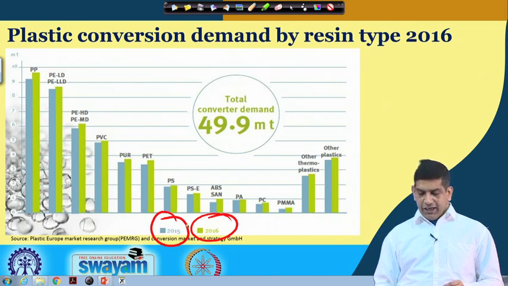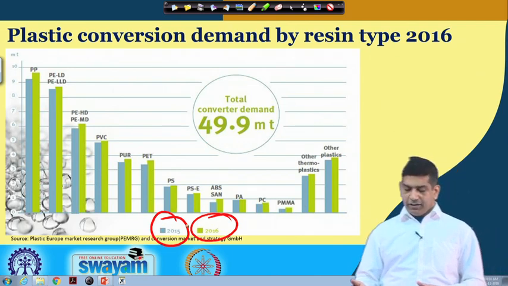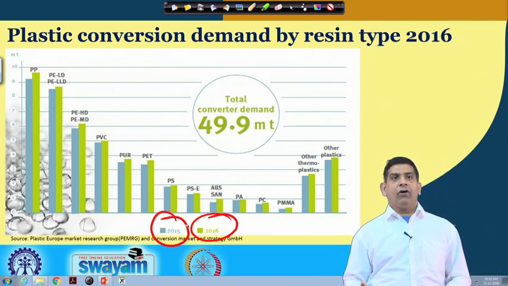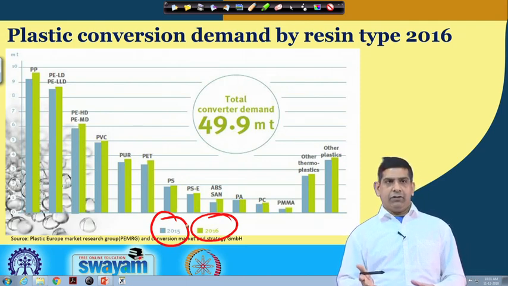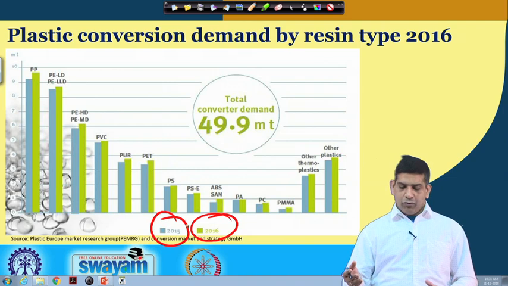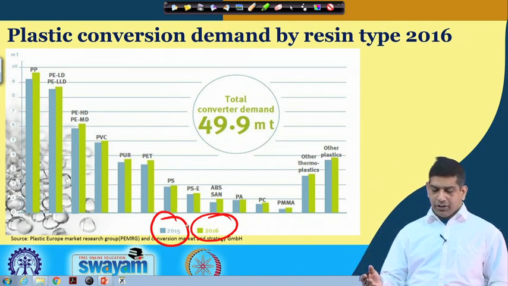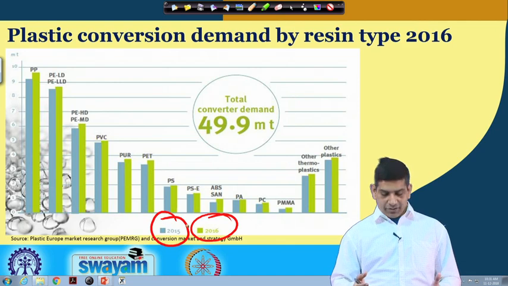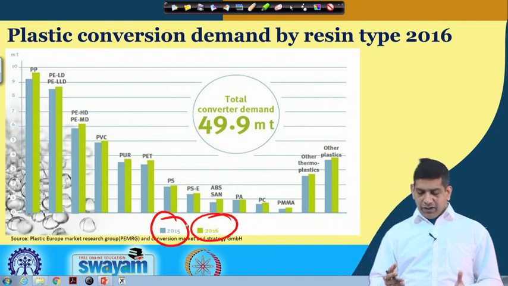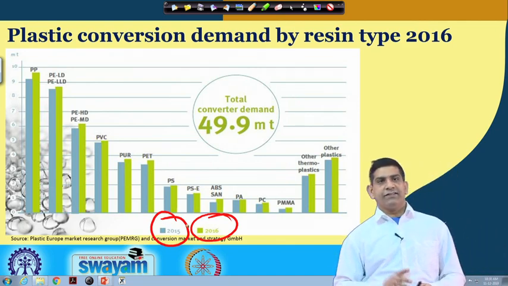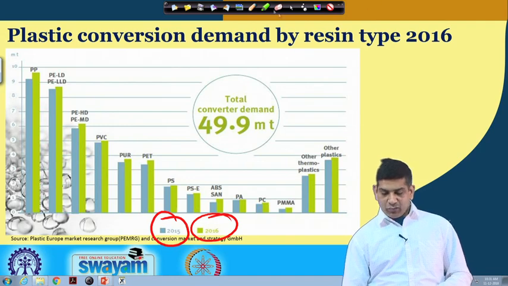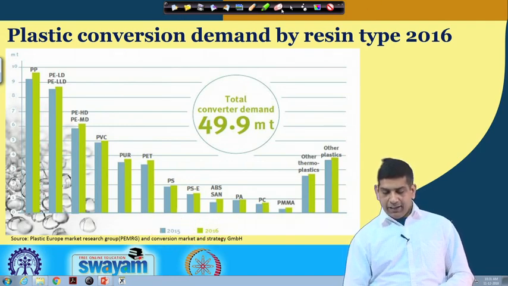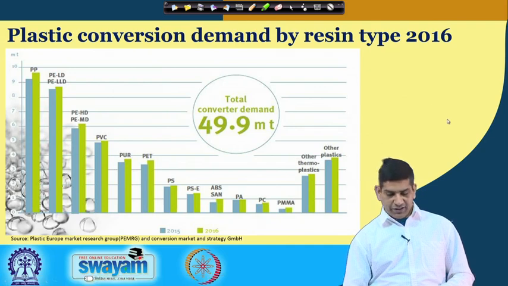For most of the material, in fact for all of the different plastic types, you see that the global production figure has gone up in terms of the different resin types. So we are producing more and more plastic. There is a lot of demand for plastics, and that's why there will be a market in terms of managing this plastic waste as well.